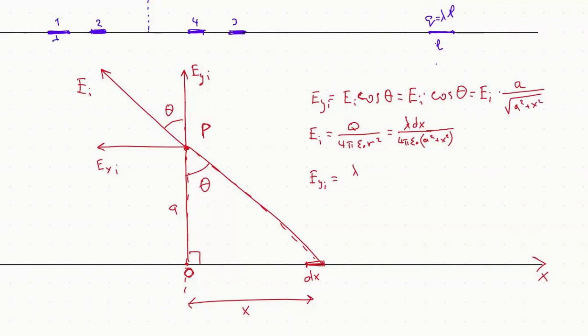But anyway, lambda dx over 4 pi epsilon naught a squared plus x squared, multiplied by a divided by the square root of a squared plus x squared.